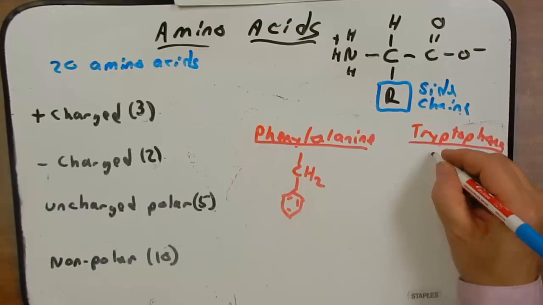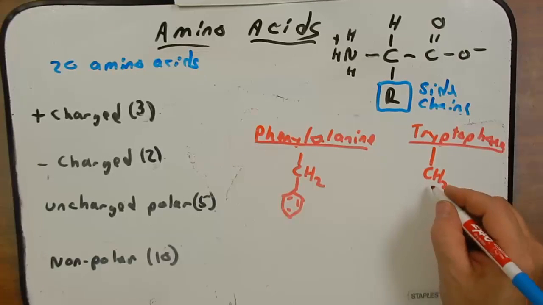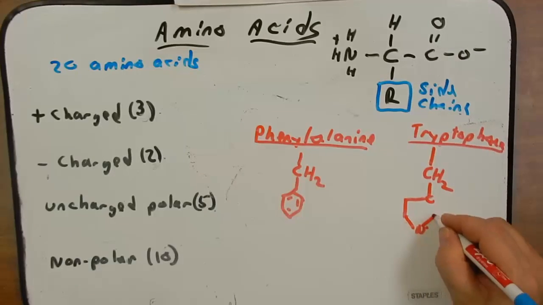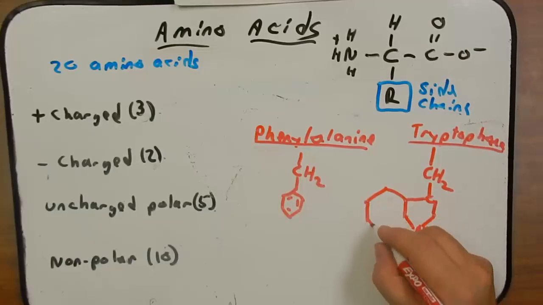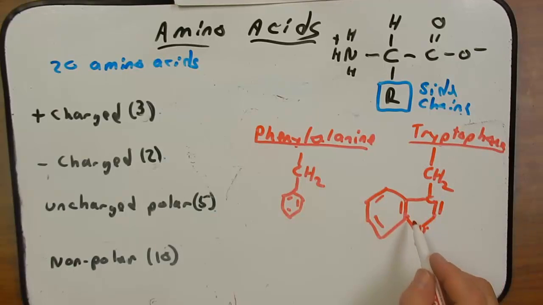Tryptophan is a difficult one to draw. Well, there's just a lot to it. It's a double ringed one. It's the only one that has a double ring. As I said before, tryptophan is the only one of the 3 ringed amino acids that has 2 rings to it. And so that's a good way to remember that structure.